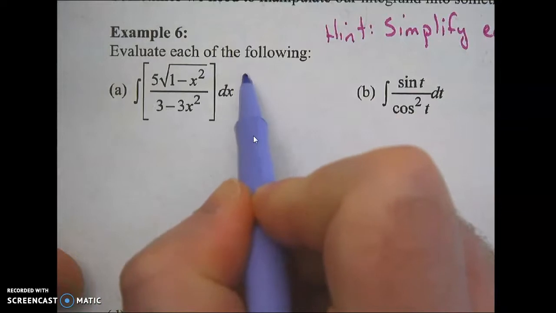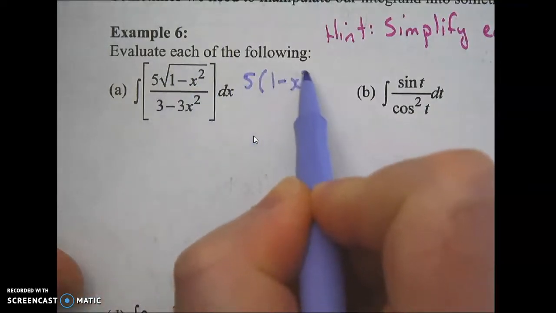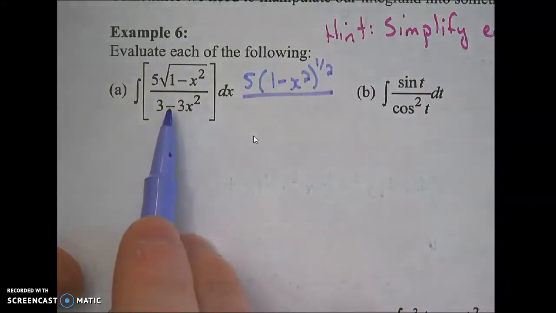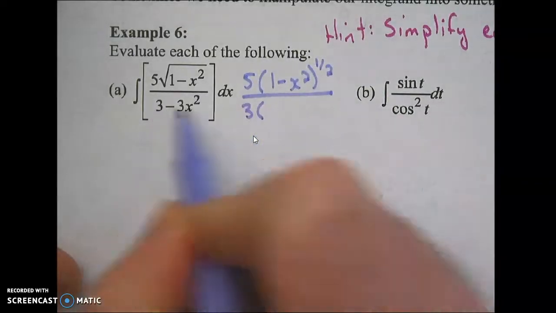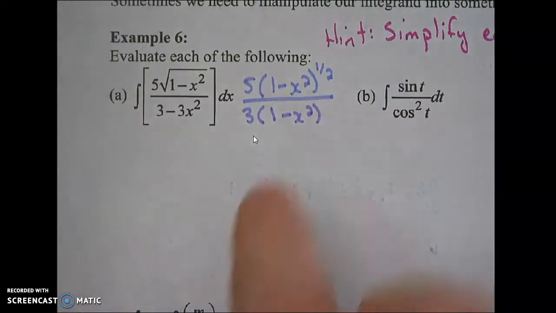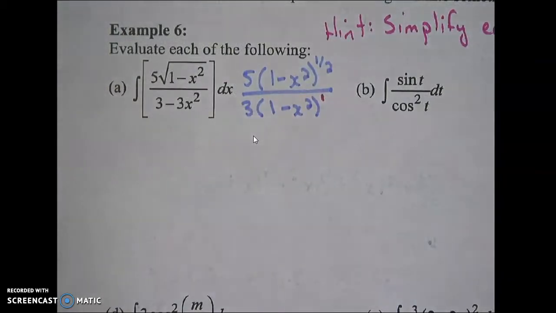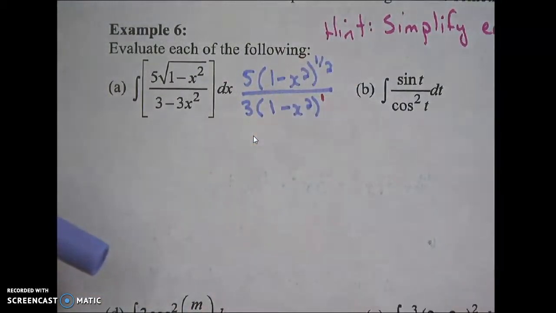So this can be rewritten as 5. My math voice says we can turn that into to the 1/2 over. My math voice says these both have a 3, so I can factor out that 3, and lo and behold, I get 1 minus x squared. Now remember, these are the same thing. This then is to the first power, and when you have two things that you're dividing, you can subtract those exponents.